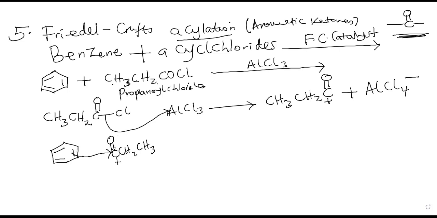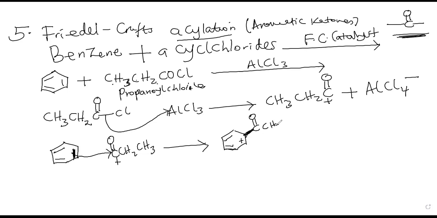So the electrons in this bond will come to the carbon, and as a result, this group will be attached to the ring. So we shall have this, and here you have a plus, and this carbon is C double bond O. This is the keto group that I was telling you about.